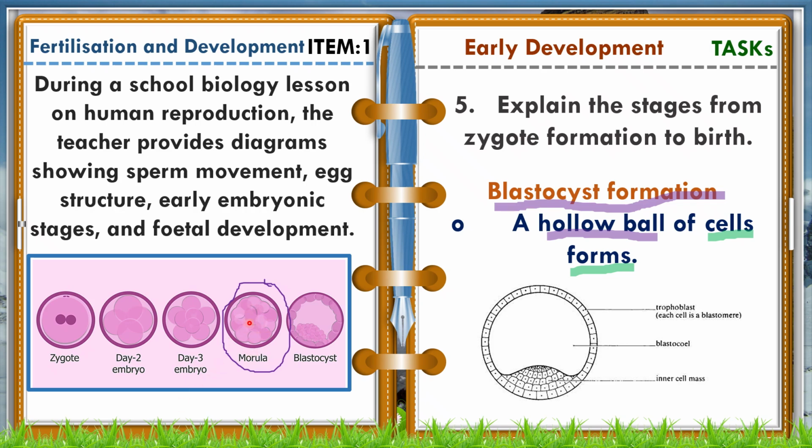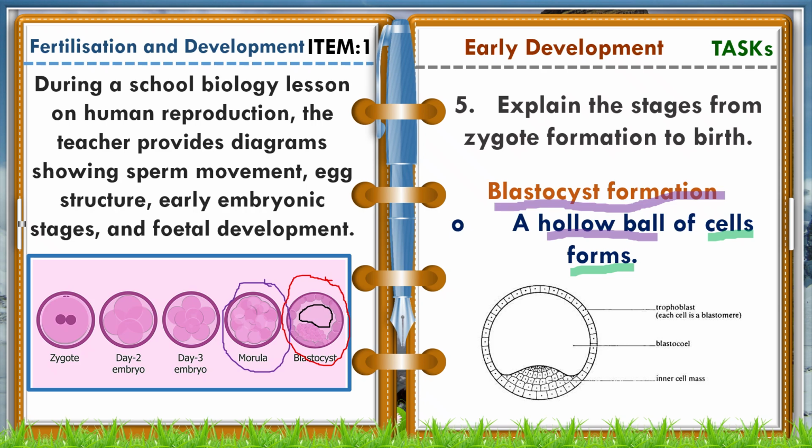Now they are going to arrange themselves and form a structure with the cells dividing and leaving a gap in the middle, like a hollow ball. That is what we call the blastocyst.